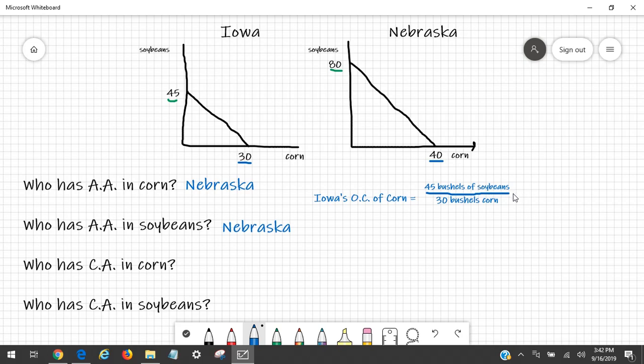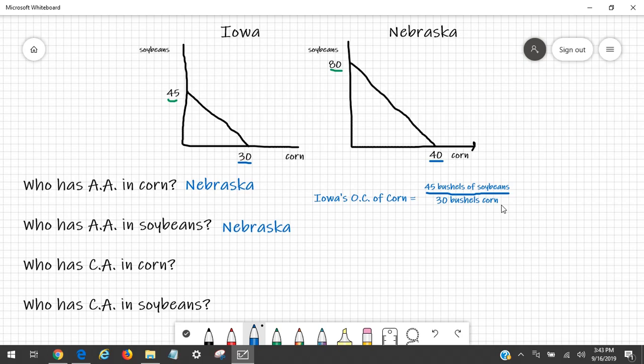This little line represents per. You can replace it when you're speaking with the word per. So this is reflecting that Iowa gives up 45 bushels of soybeans per 30 bushels of corn that it produces. So again, that's 45 bushels of soybean per 30 bushels of corn. That's the cost of producing corn. They have to give up this many soybeans to make corn.